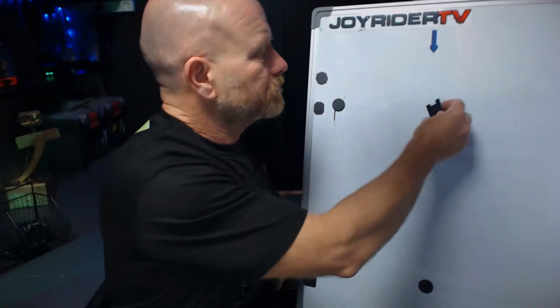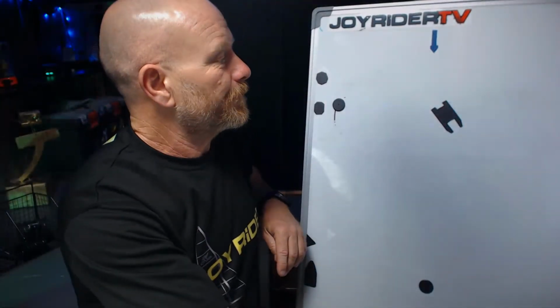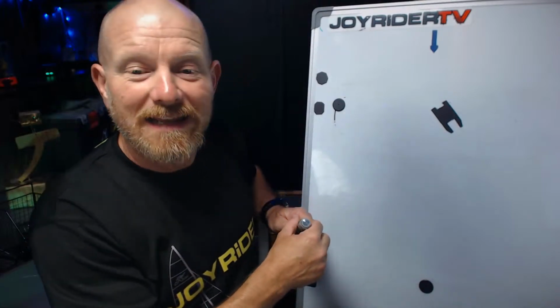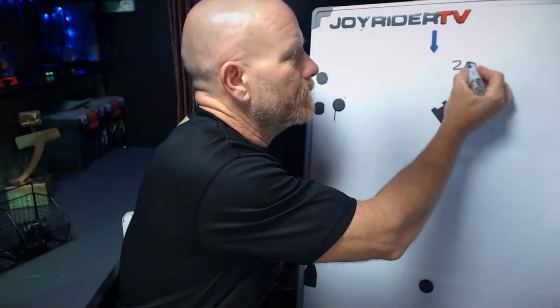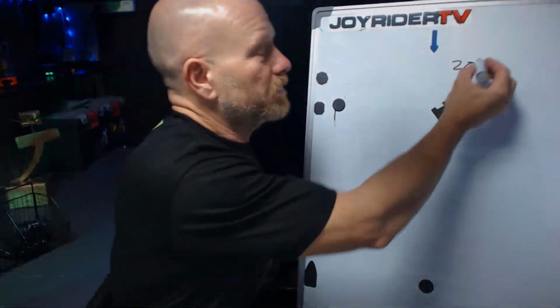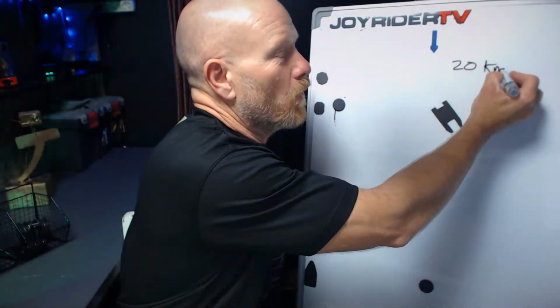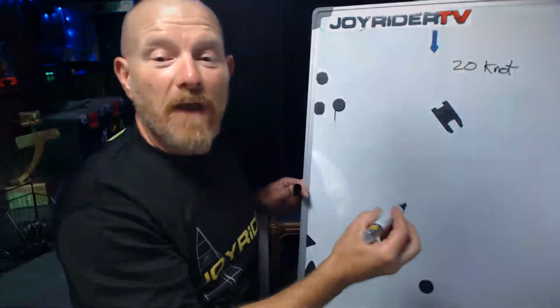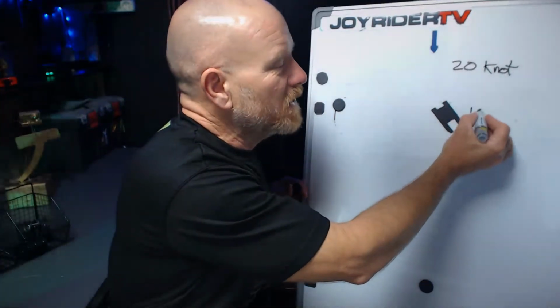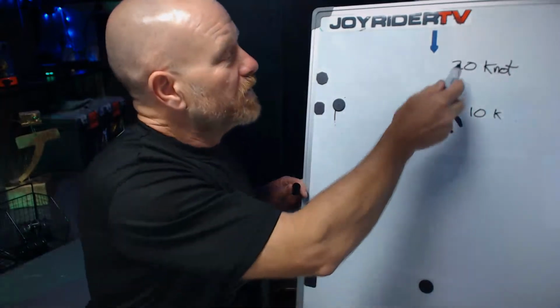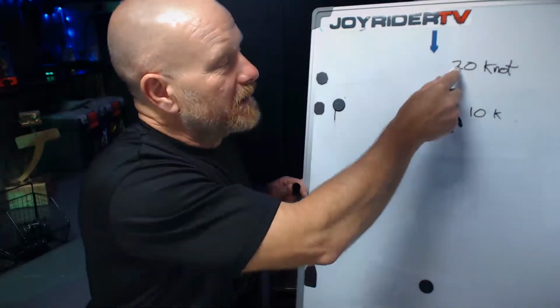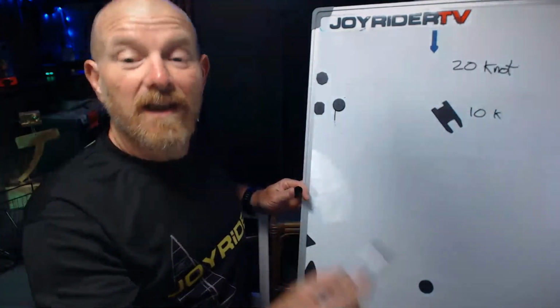With heavy wind jibing, a way that we can look at it is, if we're sailing downwind, let's say the wind is 20 knots, and we're sailing at 10 knots, then the difference between our boat speed and the speed of the wind is 10.